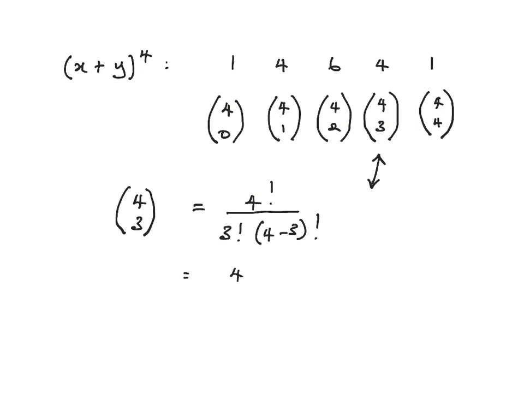So that's 4 times 3 times 2 times 1, over 3 times 2 times 1, 4 take away 3 is 1, and 1 factorial is 1. Now, we can cancel. The bottom line is 3 times 2 times 1 times 1. These numbers cancel from the top and the bottom. 4 over 1 is just 4, which is what we have here.